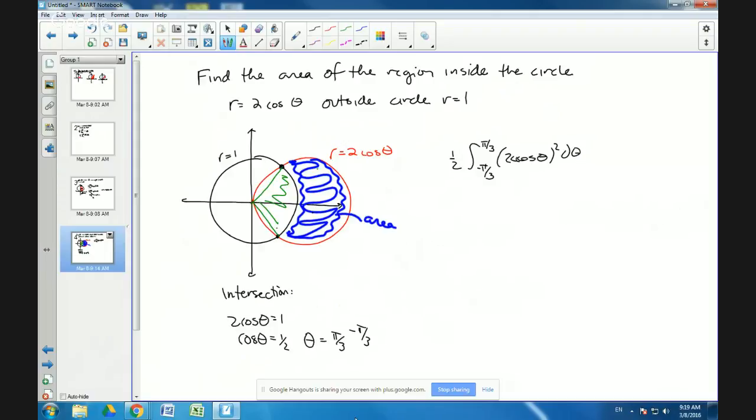And then we want to subtract out this little one. Okay, so then you do 0 to pi/3? Nope, it's the same coordinates, because it's still -pi/3 to pi/3, okay. And then we have 1 squared.